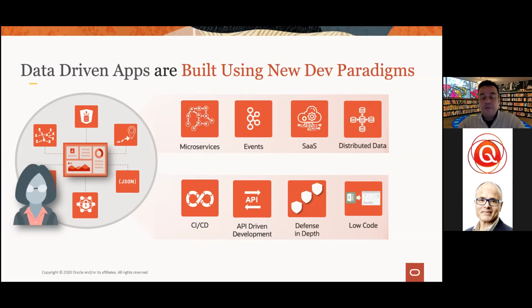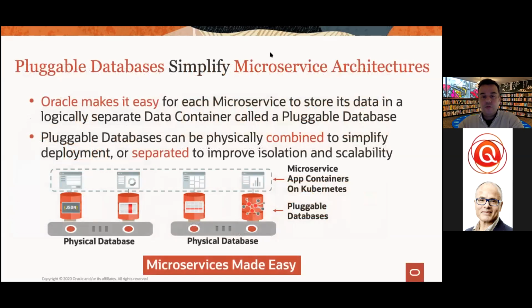We have API-driven development, defense in depth and low-code application development with Application Express and REST data services. And let's go a little bit to see about each one of these paradigms, or some of them, what they offer and what we can use to improve the experience on the development on our projects.